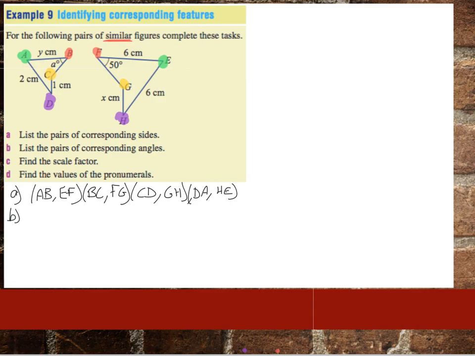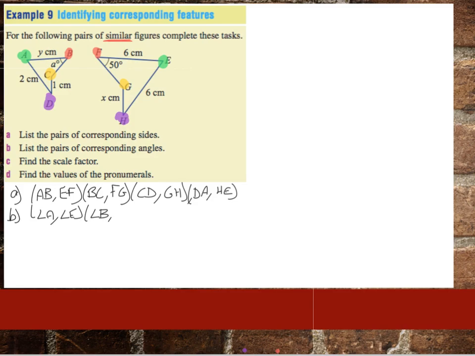They ask us now to list the pairs of corresponding angles. Now corresponding angles are basically the vertex, but the inside of the vertex, which we can only call angle. Let's start with the green. I'm going to say angle A corresponds to another green one, angle E. Now angle B. If I talk about vertices, then it's only B. If I talk about the angle on the inside, I have to use my angle sign and not just B. So that is how you distinguish between those two.